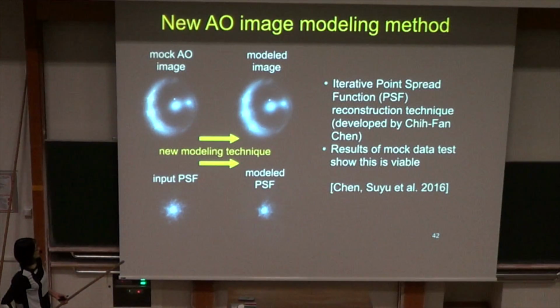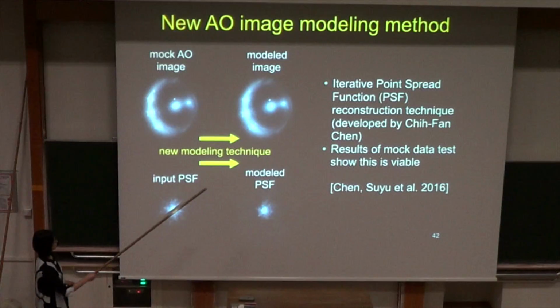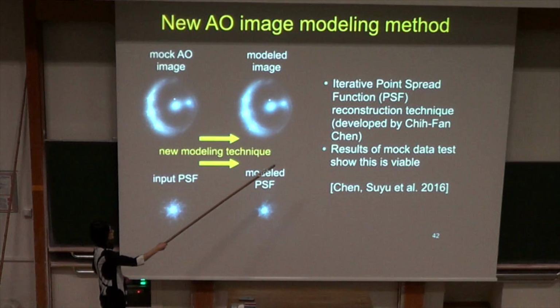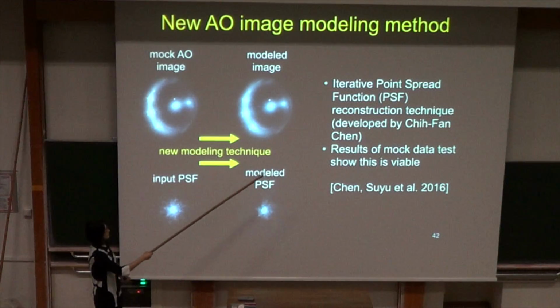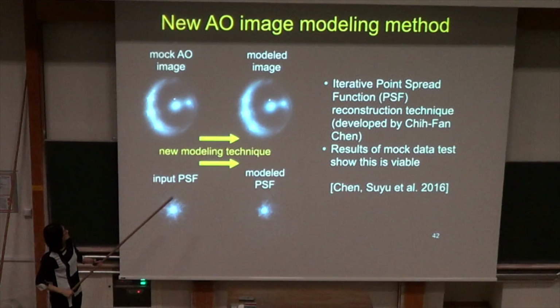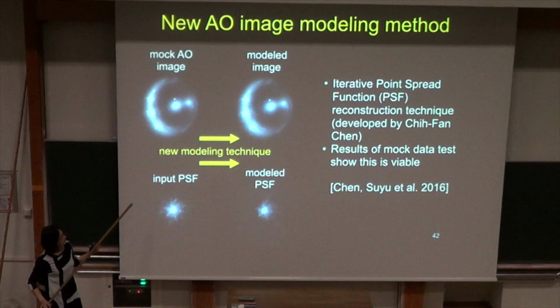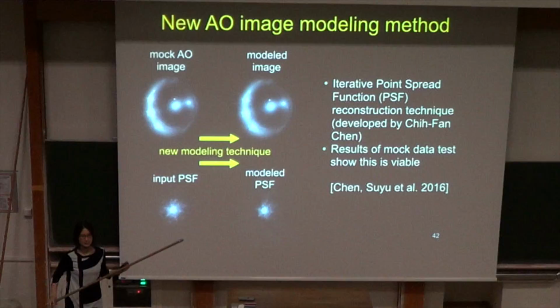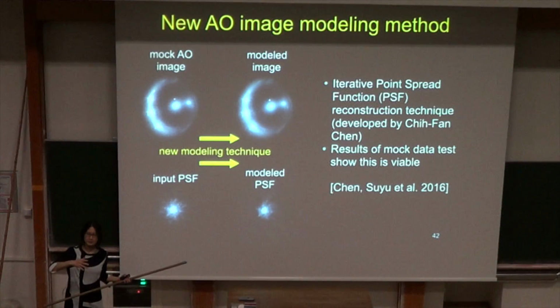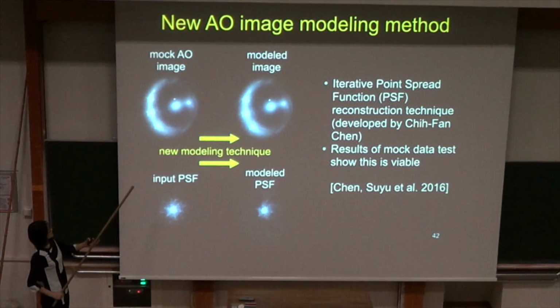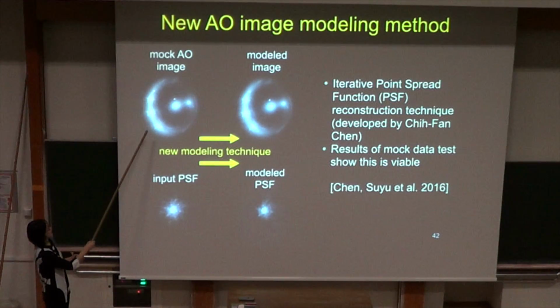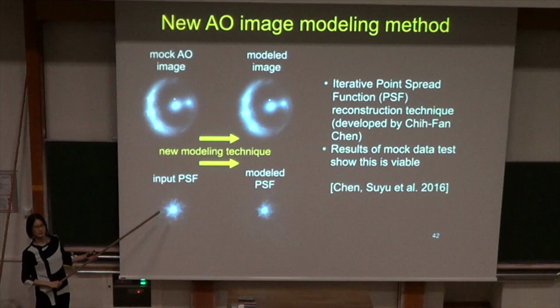To overcome that, Zhifan Chen, who was a master's student in Taiwan, worked with me, and now he's in Davis. He has developed an iterative point spread function reconstruction technique that simultaneously reconstructs the point spread function and the lens mass model. So here is an image that I created using this input point spread function.